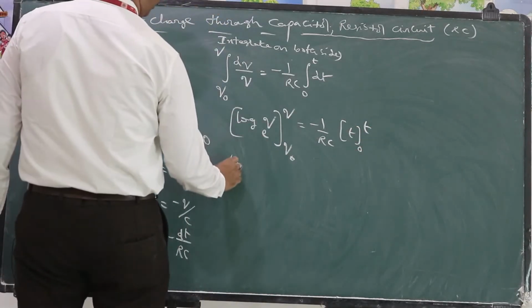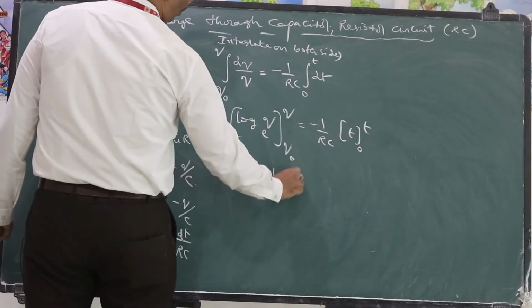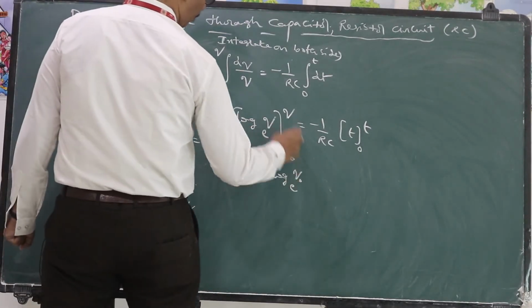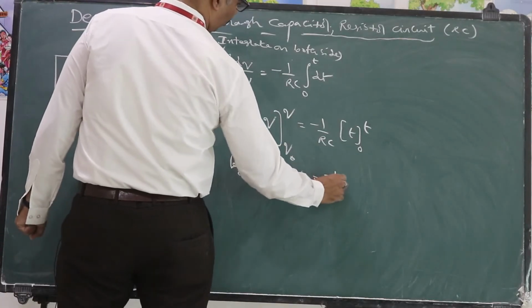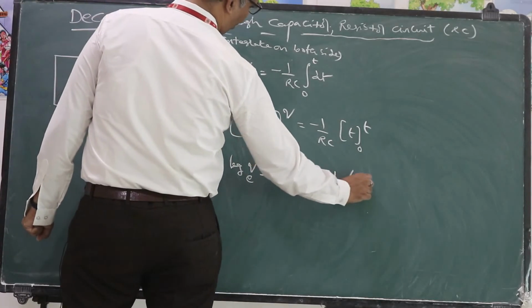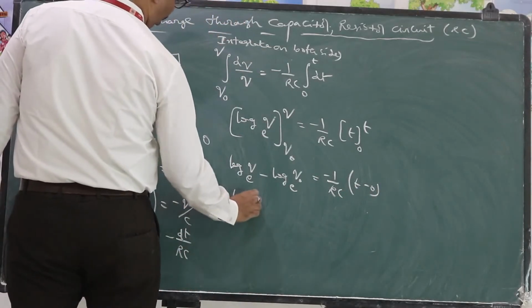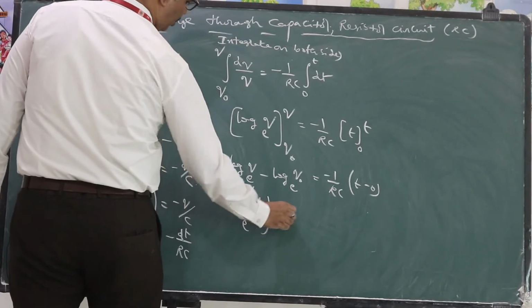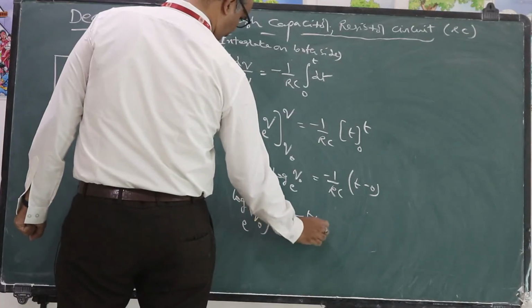So it is log Q to the base e minus log Q0 to the base e, by substituting the upper limit minus the lower limit, is equal to minus 1 by RC into t minus 0. It becomes log Q by Q0 to the base e is equal to minus t by RC.